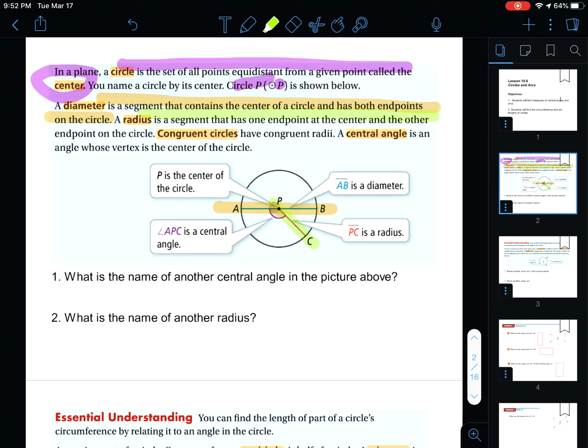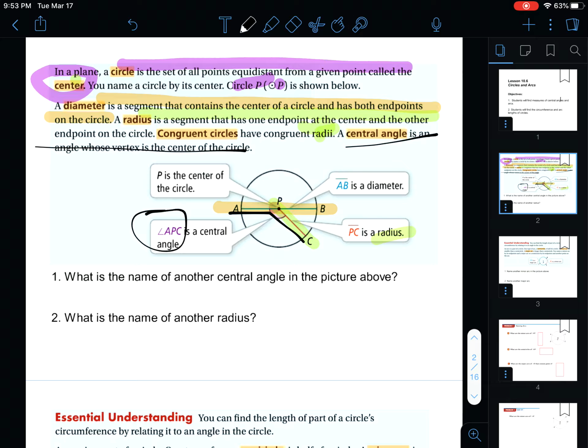Now, if two circles are congruent, then they have congruent radii. Notice the radius and radii, that's the plural of radius. And a central angle is an angle whose vertex is in the center of the circle. So they've referred to angle APC, which would be this angle in here, APC.